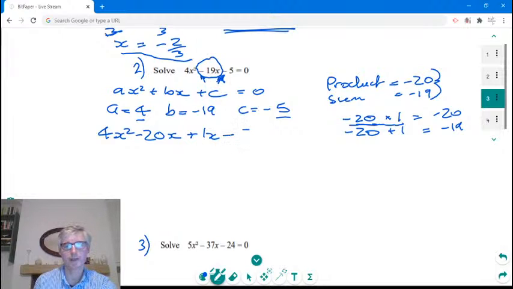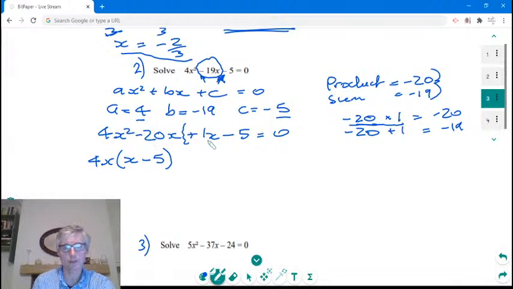Then we can take away 5, and that's still equal to 0. So we're going to draw the wiggly line, split it into 2, and we can see that 4x is the common factor of this first half. So we can take 4x out, open up a bracket, and we're going to get x in that bracket, and then minus 5, because 4x times minus 5 will give us minus 20x.